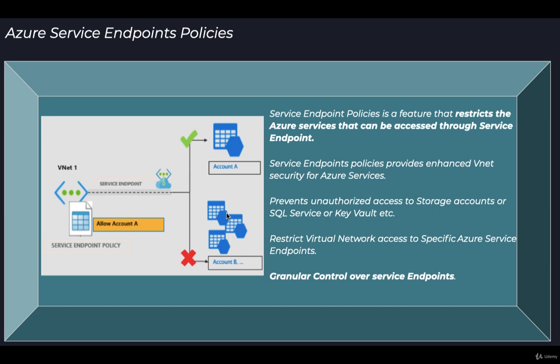Let's say there are 10 storage accounts, then it will have access to all of them by default, which is not a security best practice even though the data is transferred using the Azure backbone.